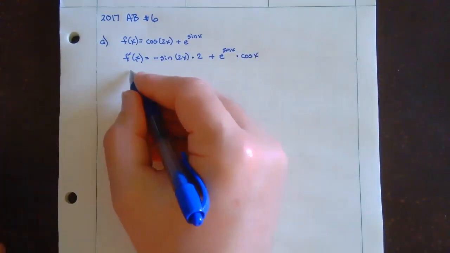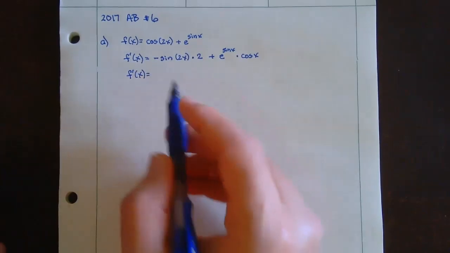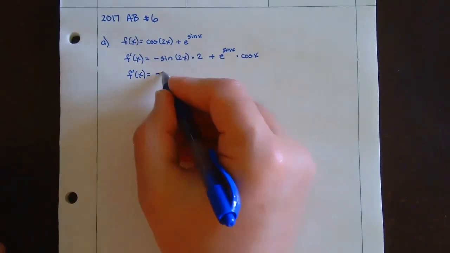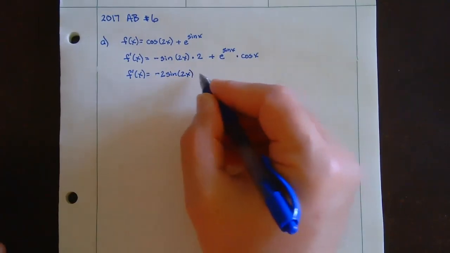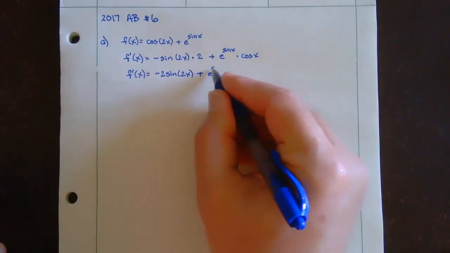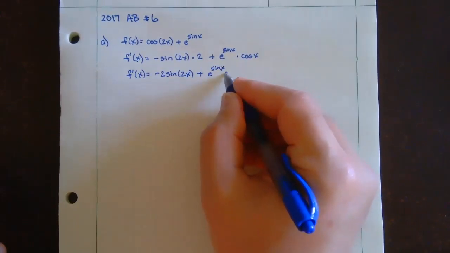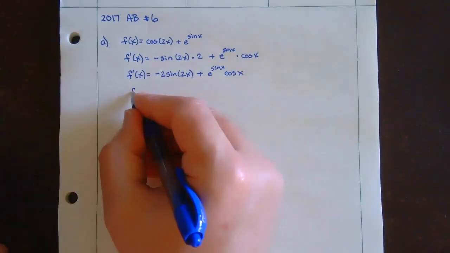Okay, so cleaning this up a little bit, we have f prime of x is equal to negative 2 sine of 2x plus e to the sine x cosine x, right? Okay, so we're going to put pi into this and see what value it gives us.